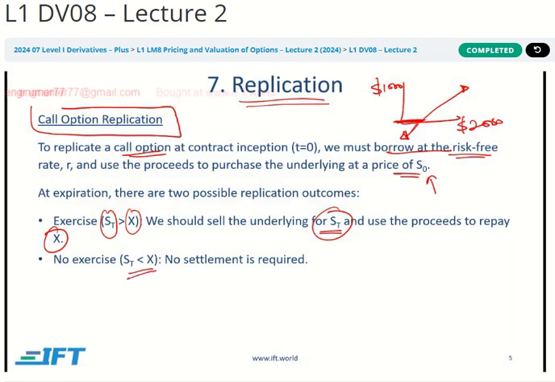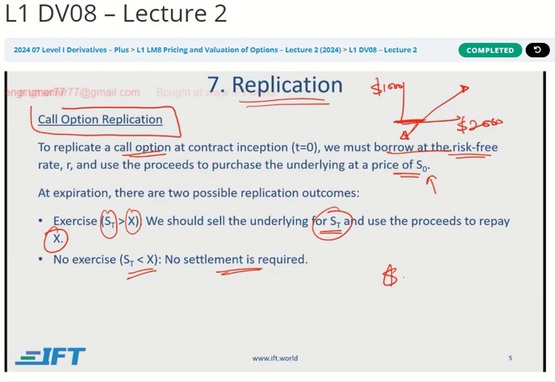And in case the spot price goes below the exercise price, then no settlement is required, so obviously the profit will not be there for the option, and it will also not be there for our position. But what about the loss of our position? Because obviously we would have borrowed money, and we have to now pay back that money.